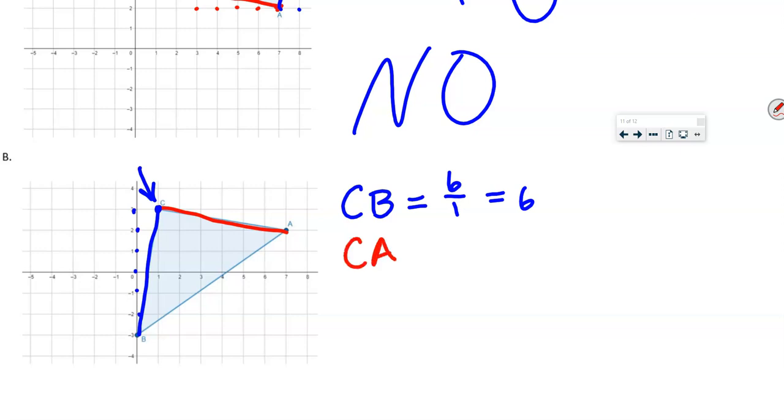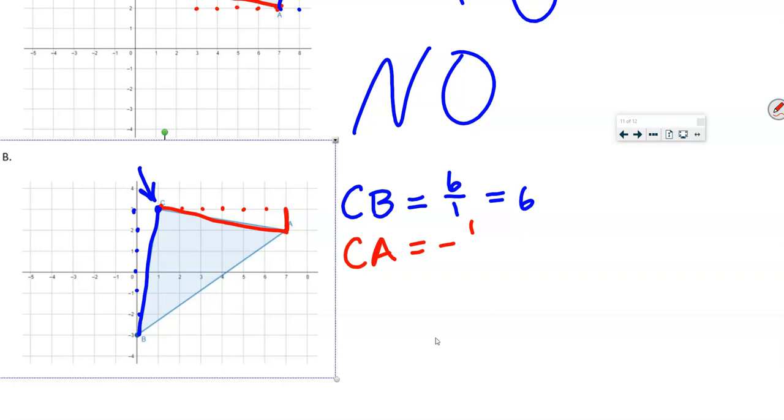Now we're going to talk about CA. Now is that line rising or falling from left to right? It's falling. So we're going to count, it goes down 1. So that's our rise. And our run is 1, 2, 3, 4, 5, 6. See that? So what is the relationship between these two slopes?